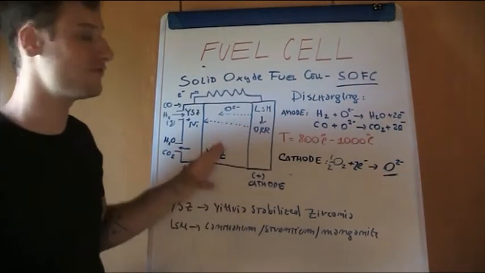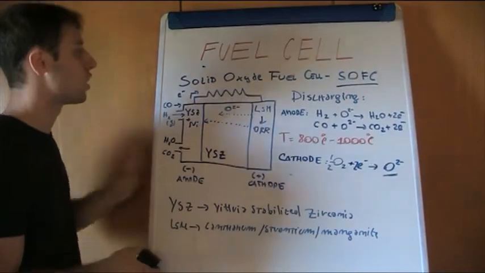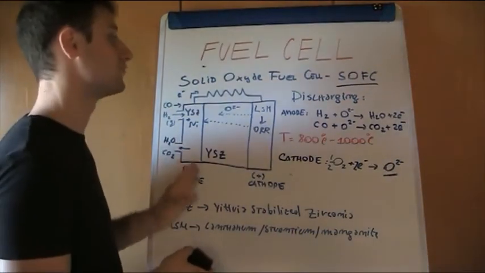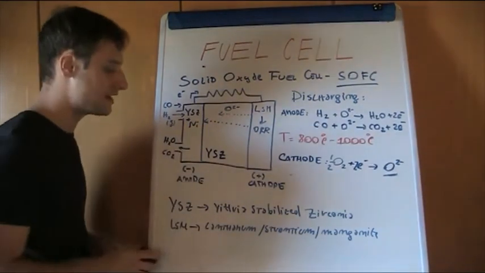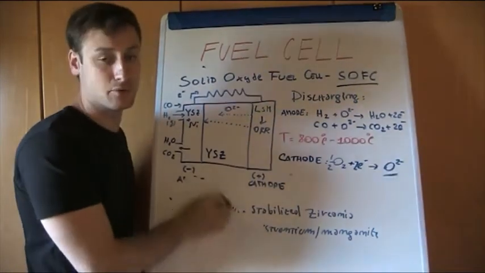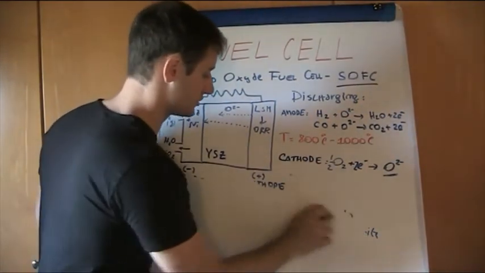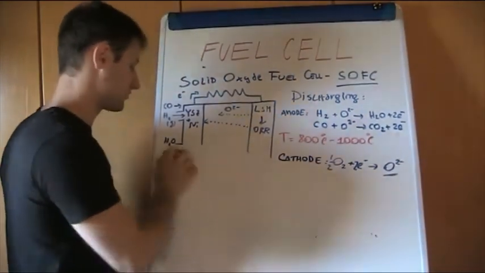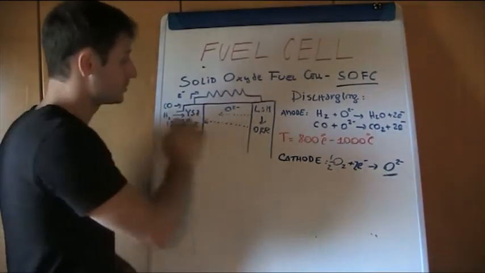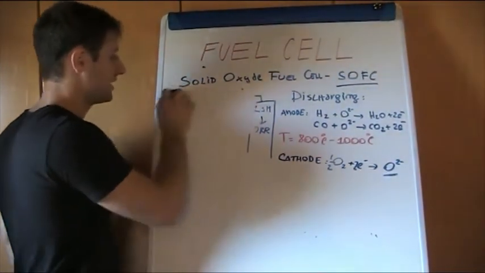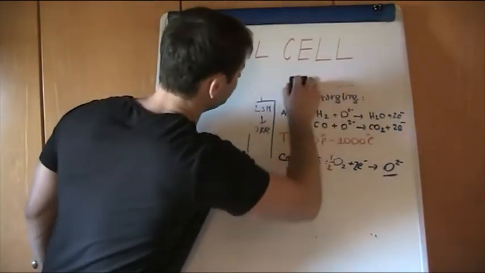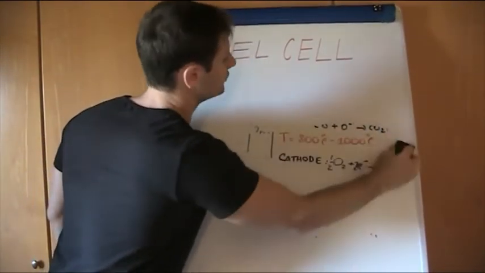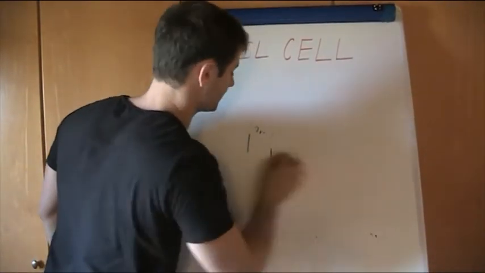But basically we have defined all the main aspects of a solid oxide fuel cell. Okay, now we can proceed and start speaking about another extremely interesting high temperature fuel cell, and this second high temperature fuel cell is the molten carbonate fuel cell.